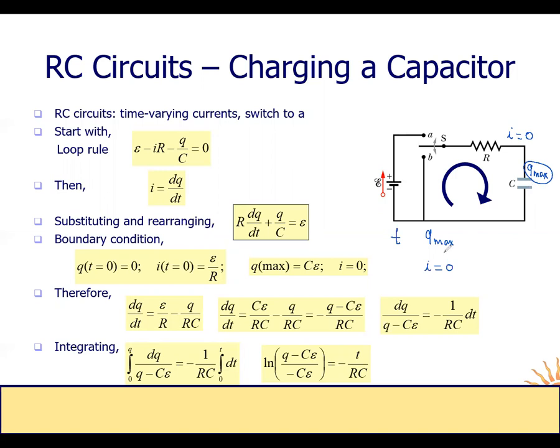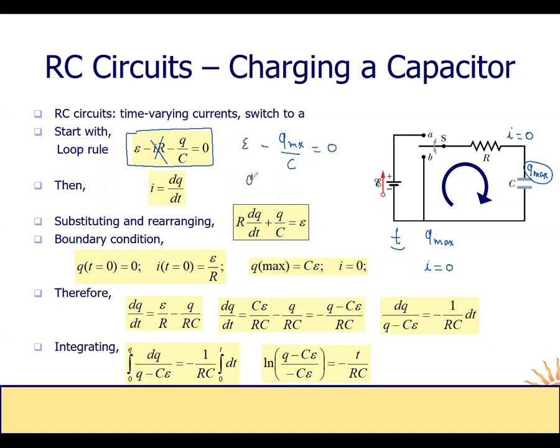So at this time we can calculate Q max. If I equals 0, we come back to this relation: E minus Q max divided by the capacitance C equals 0.